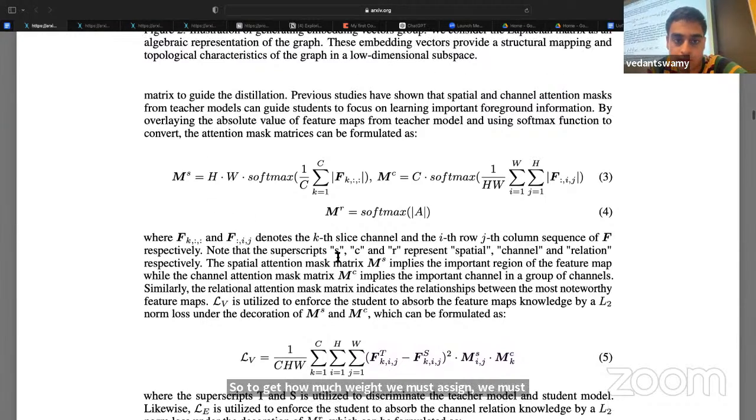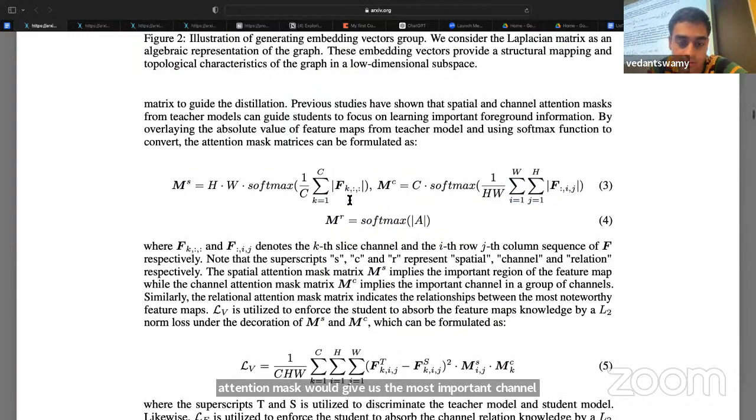So that we get by using attention masks, which are of two kinds, the spatial attention mask and the channel attention mask. The spatial attention mask would give us the most important region inside the channel. The channel attention mask would give us the most important channel out of all the channels.